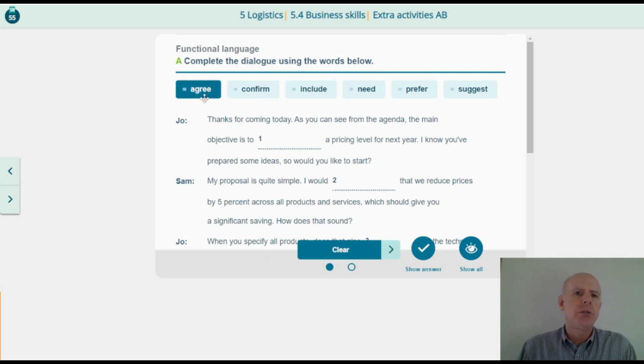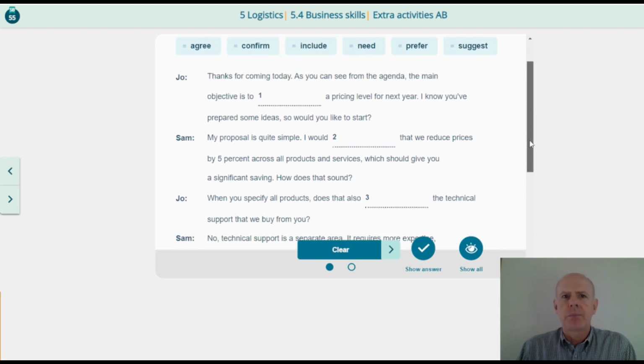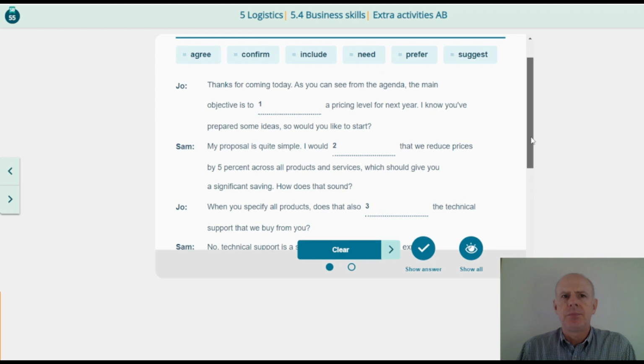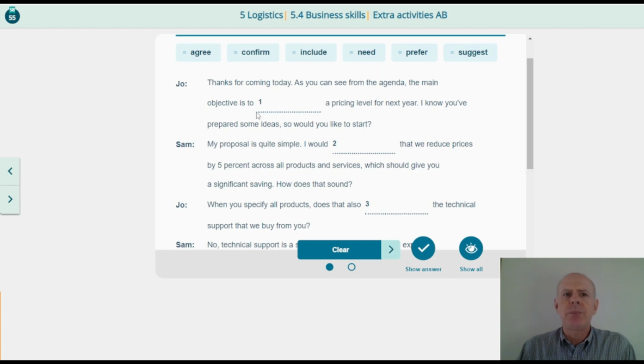And we have agree, confirm, include, need, prefer, and suggest. Well, we should read and try to complete with a better word. So I'm going to give you some time to complete each gap, and we are going to see in the end what we have. Thanks for coming today, and this is Joe talking to Sam.